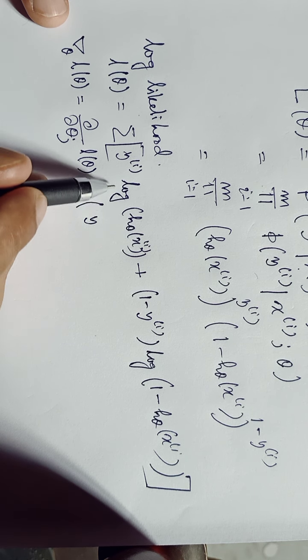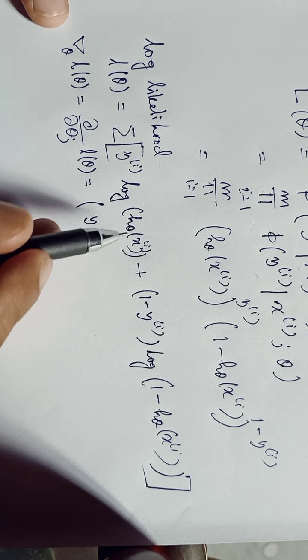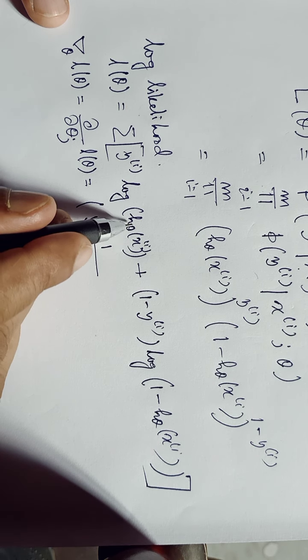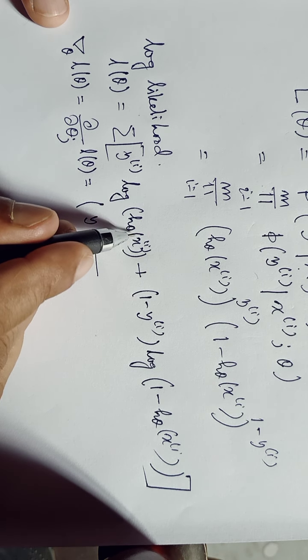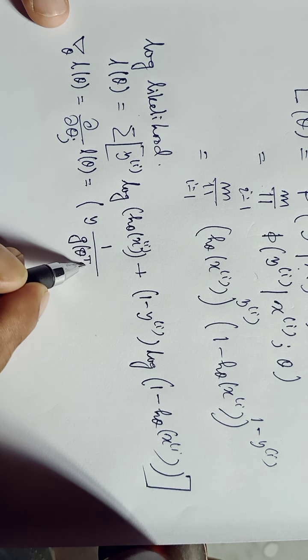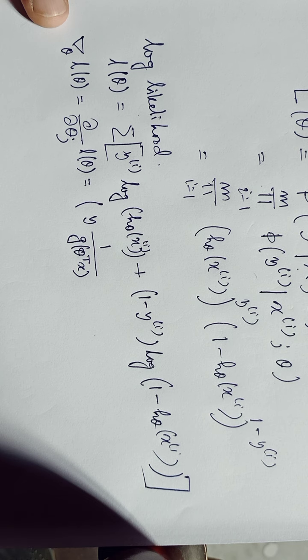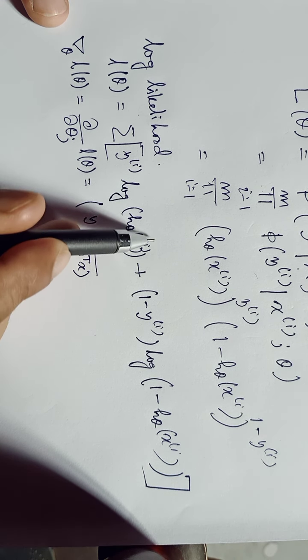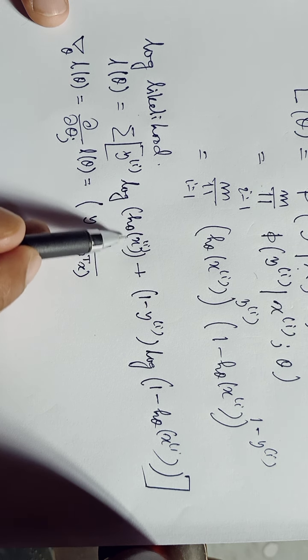So y log of h theta x means 1 by h theta x. h theta x can be written as g of theta transpose x, nothing else. So y times the derivative of log of this is equal to 1 by h theta x.